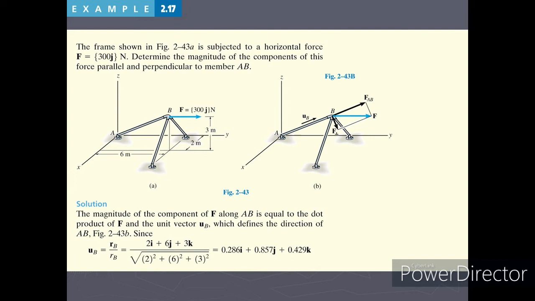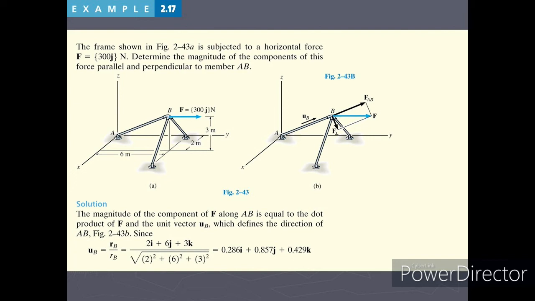Plus y1j plus z1k. This is the coordinate. Don't worry. This is the coordinate. The actual value will dictate whether it is positive or negative. This is the generalized form. Don't worry. When we begin to take numbers, you will see whether it's positive or negative.